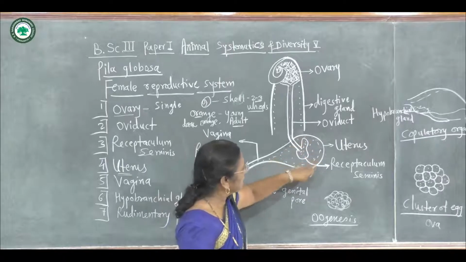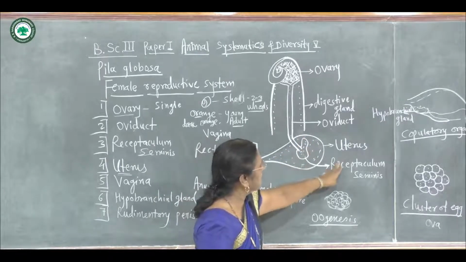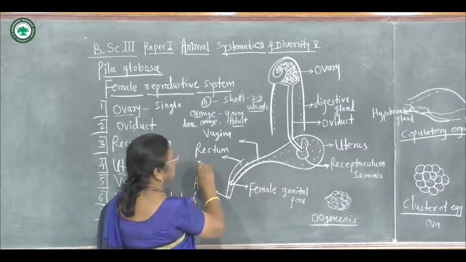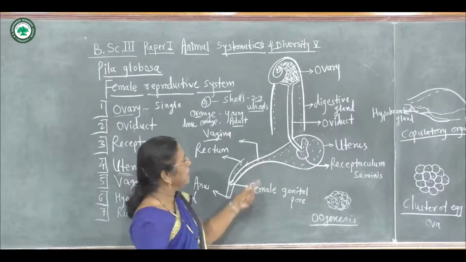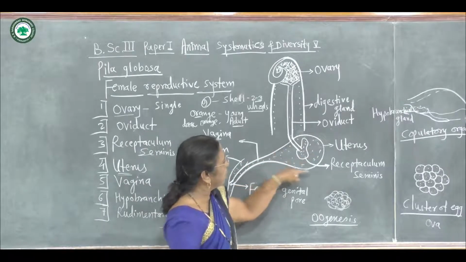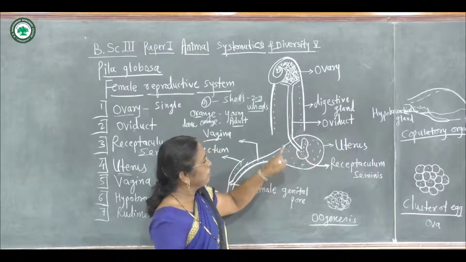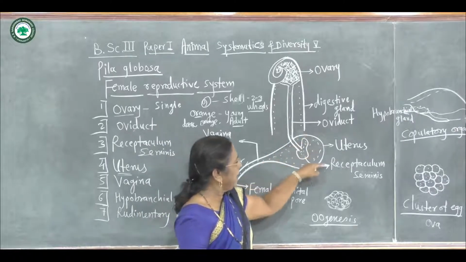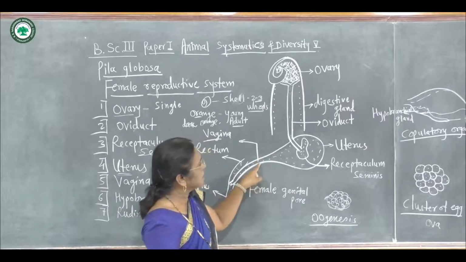Its broad end is towards the left side, while its narrow end joins with the vagina. So the uterus is not a globular part; it is a pear-shaped, cream-colored, sac-like structure. The broad end is the basal part and the narrow end is the distal part.